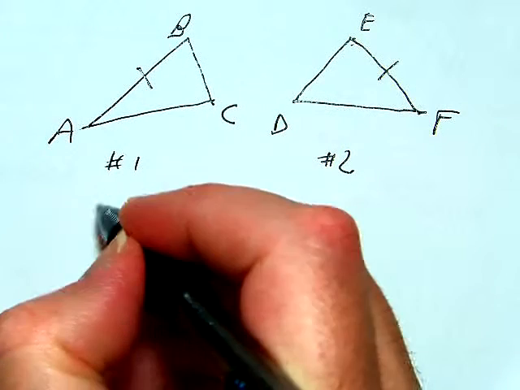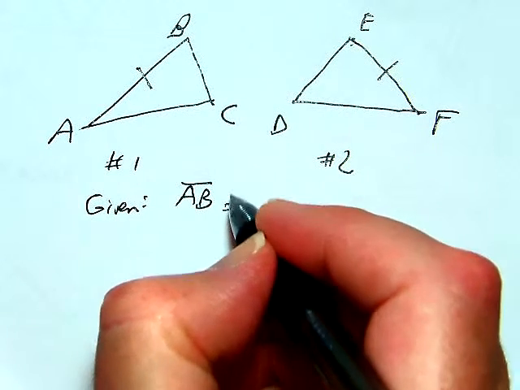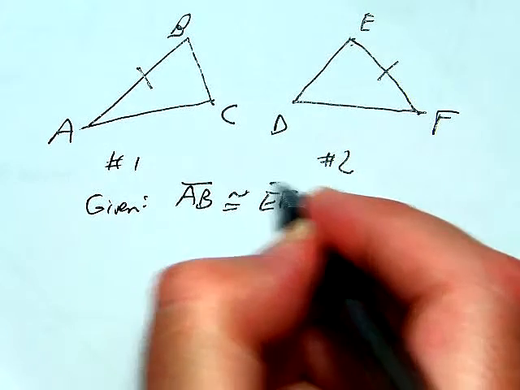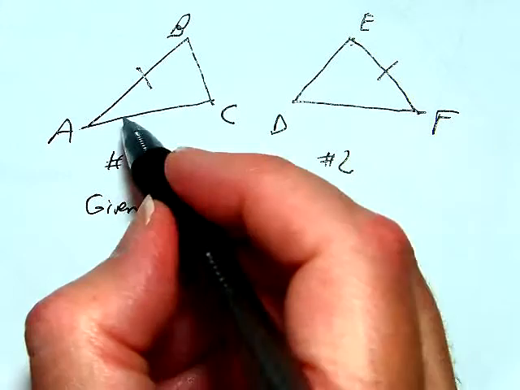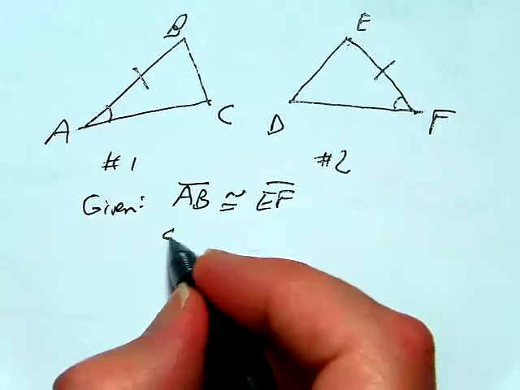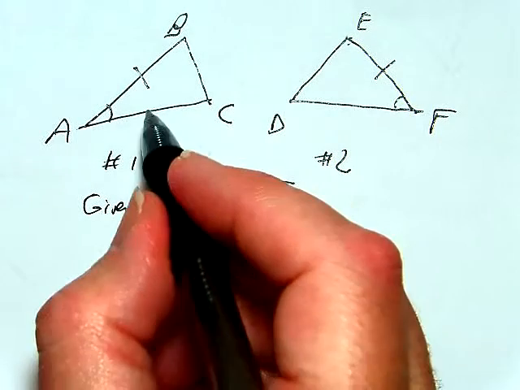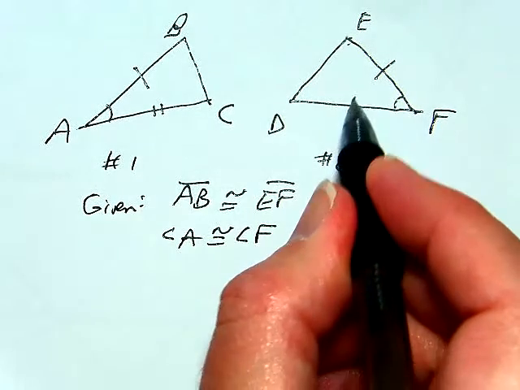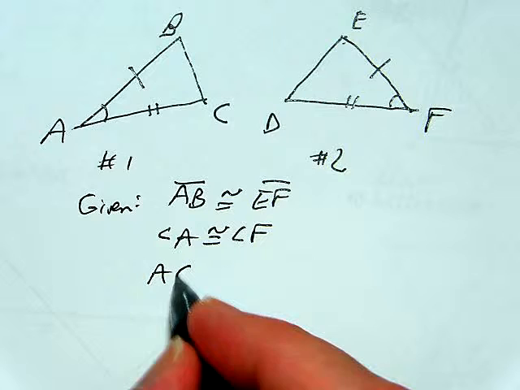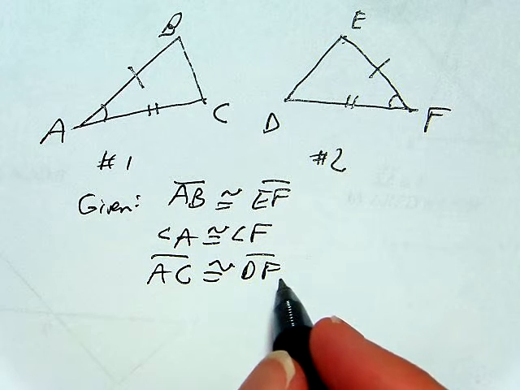Okay, so we're given that AB is congruent to EF. We're also given angle A is congruent to angle F. And finally, we're given that side AC is congruent to side DF. Okay, these are the three facts that we're given.